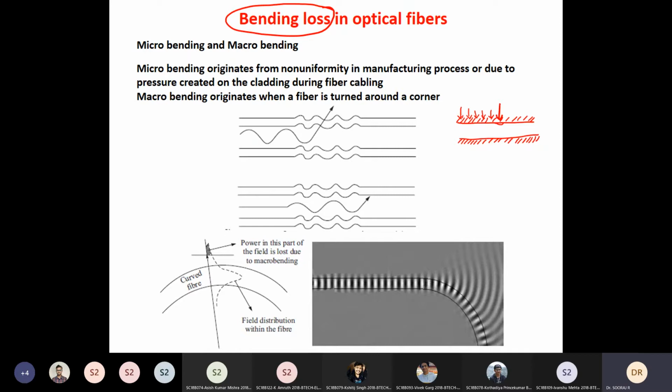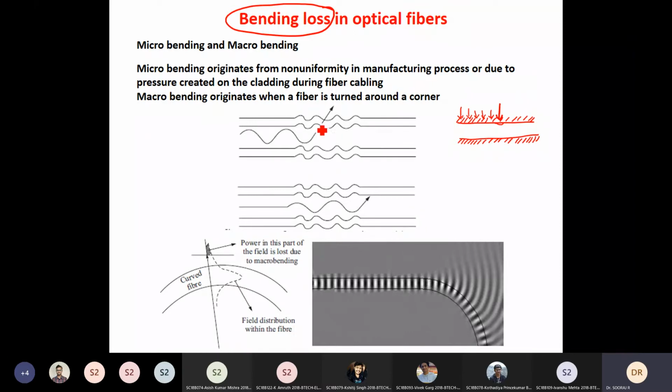Micro bending usually originates during the manufacturing of optical fiber, because the fiber is manufactured in lengths of a few tens or a few hundreds of kilometers. The length of the fiber is extremely large, so it's very difficult to maintain uniformity over such a large distance. Because of this, you can have non-uniformity causing micro bending, and this micro bending results in loss of power.